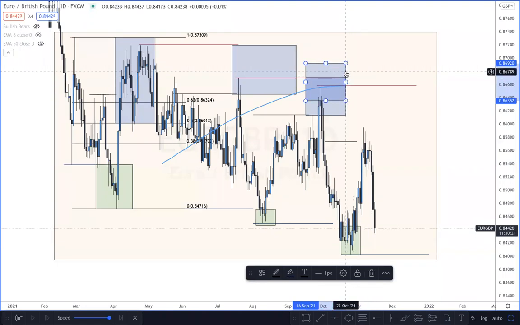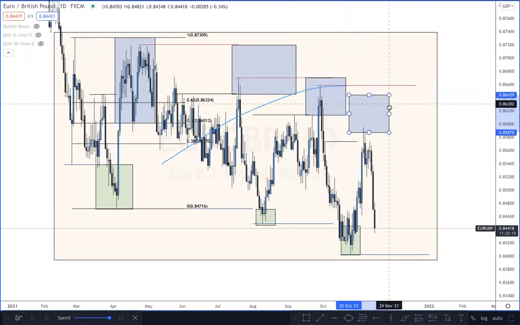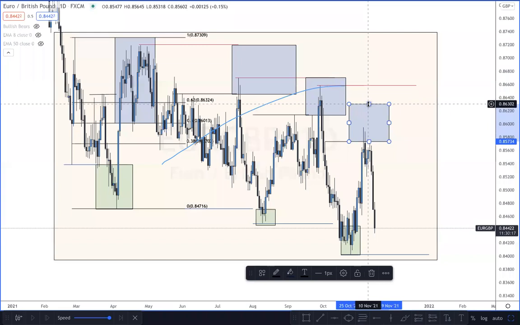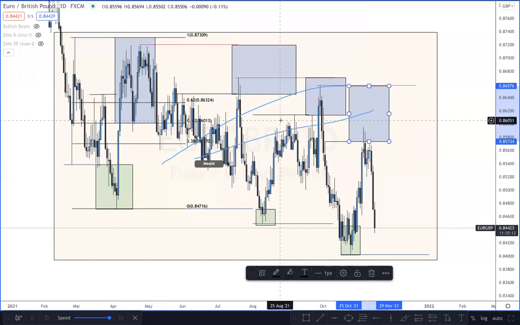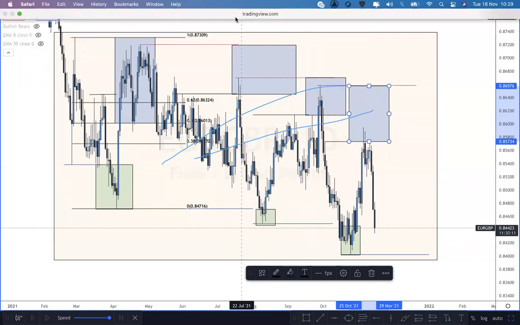Whoever that is annotating my chart, can you please remove it? Majid, who is Majid? Can you please remove the annotation?